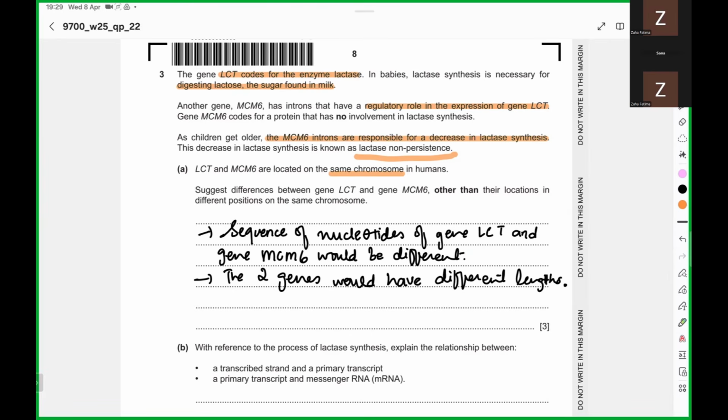Now we know that LCT codes for an enzyme. So we can say that the LCT gene codes for an enzyme, whereas MCM6 codes for a different protein.